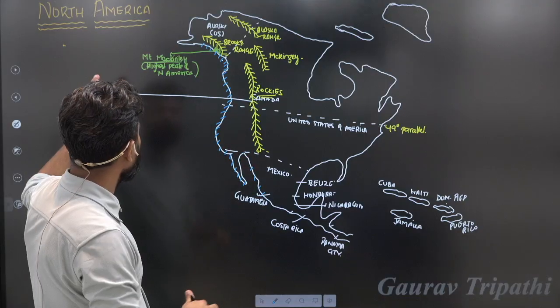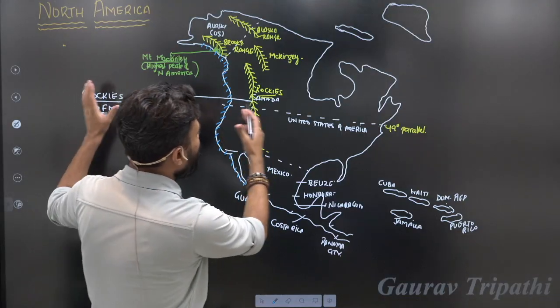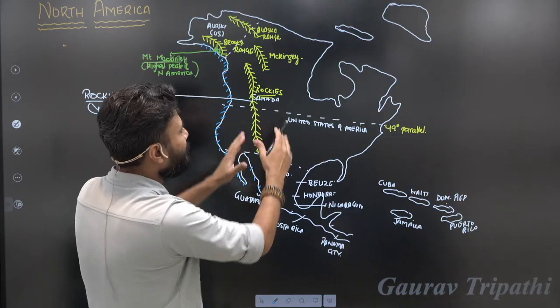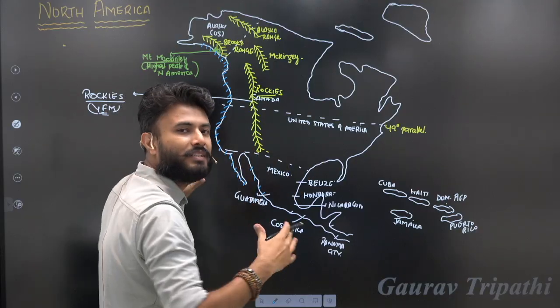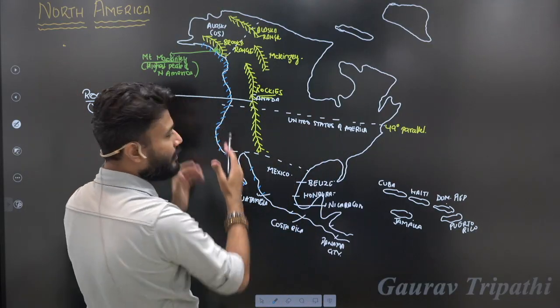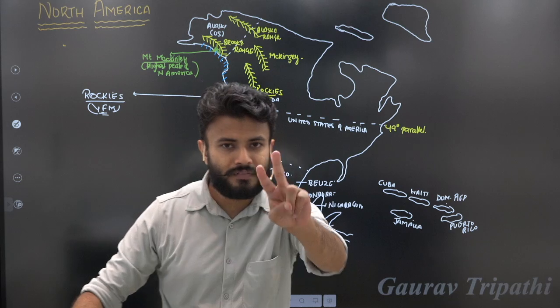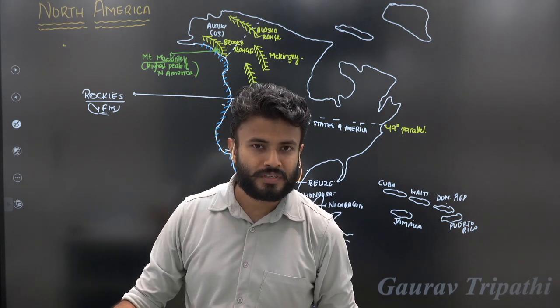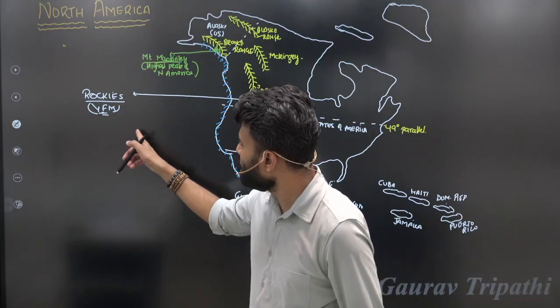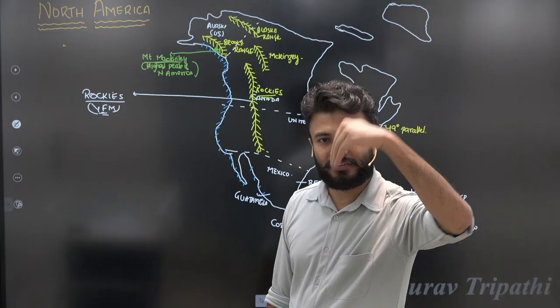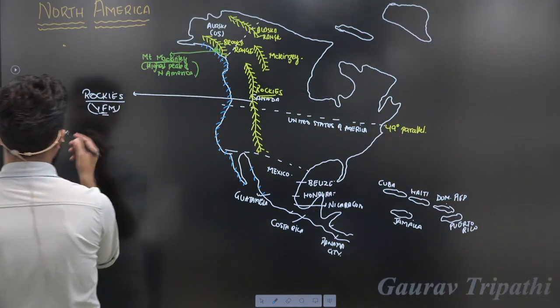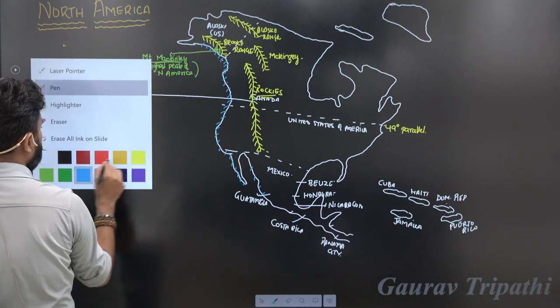That means the Pacific plate is moving towards North America, and hence this North American plate, which is a continental plate, and the Pacific plate, which is an oceanic plate, are both converging. Whenever two plates converge, and one of them is an oceanic plate and one of them is a continental plate, one plate will subduct. If I have to draw the diagram, it will be something like this.